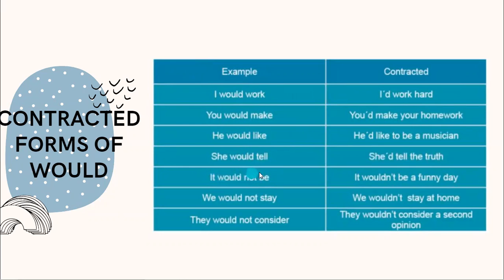It'd be a funny day. When you want to contract would with the pronoun, the only thing you have to do is add an apostrophe and a D. And if you would like to make the contracted negative form of would not, you only have to use the word would, then an N, apostrophe and T.